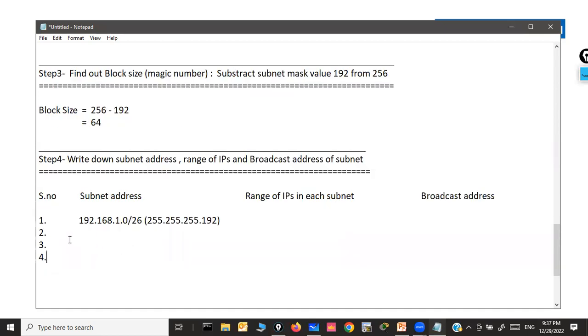So how to find the next subnet? Here your block size, this magic number, plays an important role. How? This value, 64, add to the fourth octet, and just keep on adding 64 to the fourth octet. And why the fourth octet?